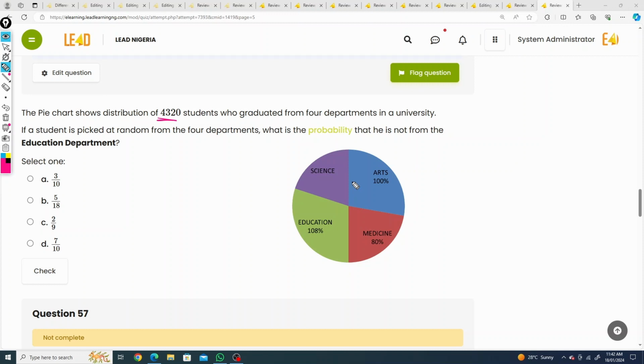The total number of students in this section is proportional to the angle in the pie chart anyway, right? So we could just go not in education department. The angle that represents not in education department would be 360 minus 108.